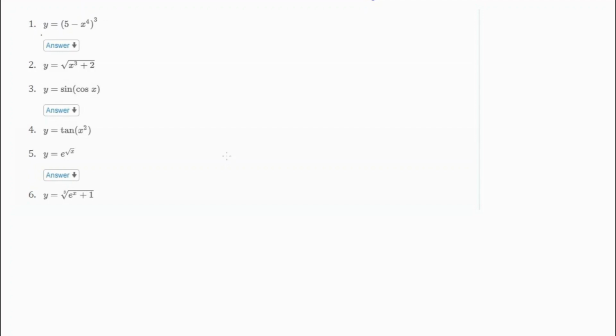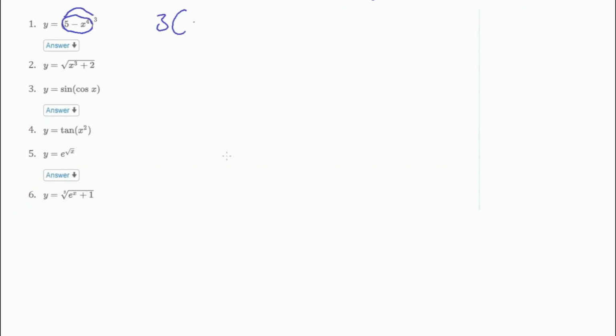Alright, so let's take a look at number 1. We have y is equal to 5 minus x to the fourth power, and then all cubed. So instead of multiplying it out and then using the power rule, we can just use the chain rule. So this is going to be our inside function. What we're going to do is carry the 3 to the front.